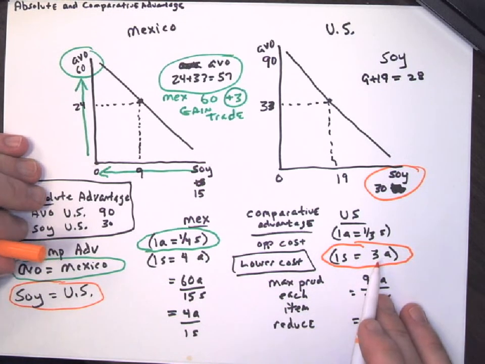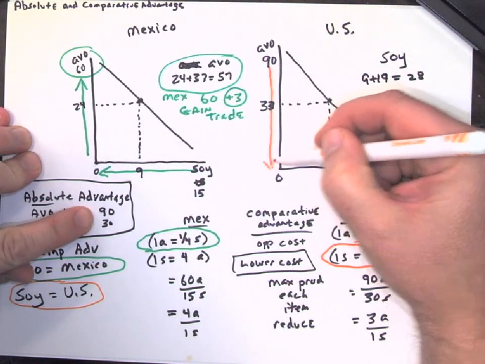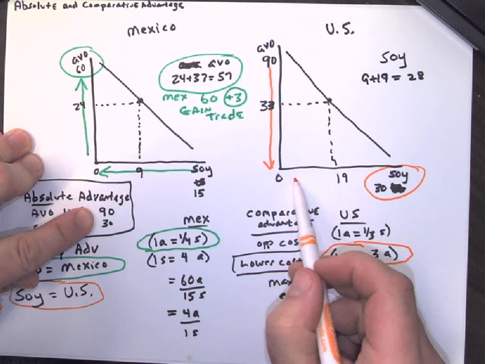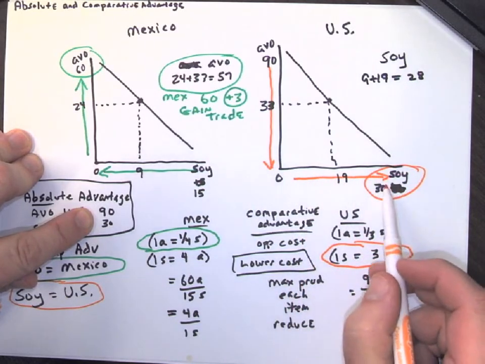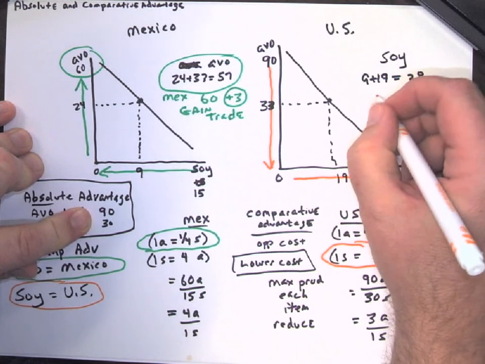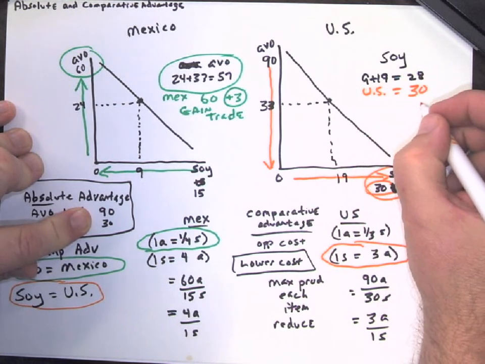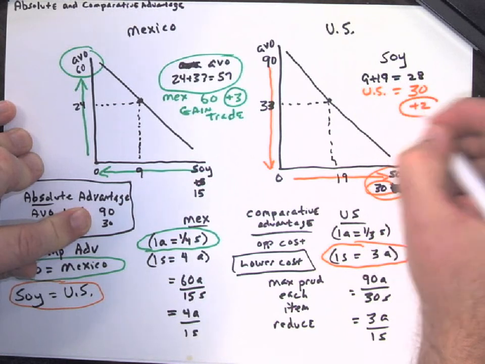So now I know that the United States can focus on making 0 avocado, and then they can increase their production of soy all the way to 30. So now that 30 that the U.S. makes, because that's all they're going to focus on, is going to give us a gain of plus 2.